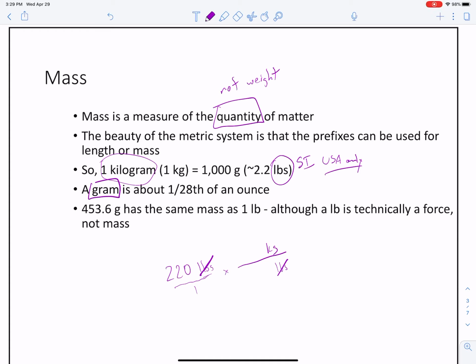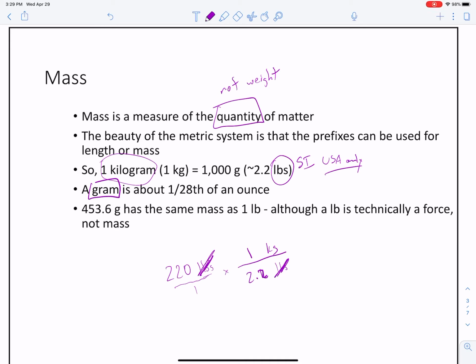So we need to convert this into kilograms. We know that 2.2 pounds is equal to 1 kilogram. So we can take 220 pounds and multiply it by a conversion factor of 1 kilogram per 2.2 pounds. The pounds cancel, right?